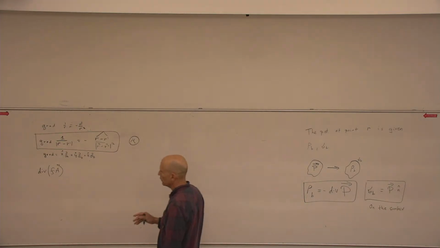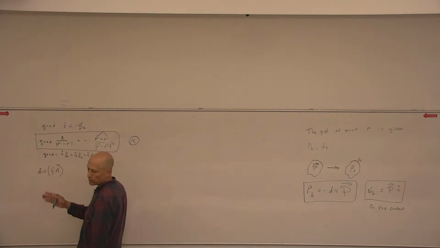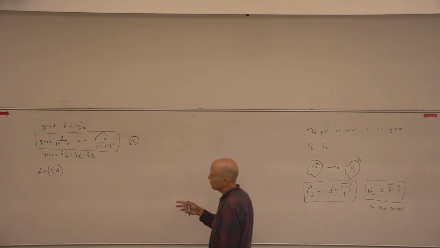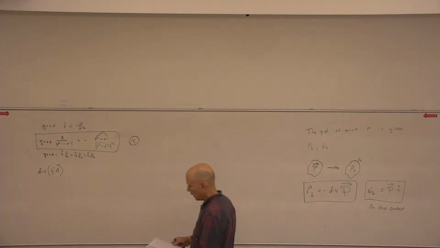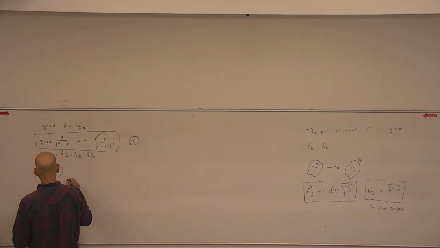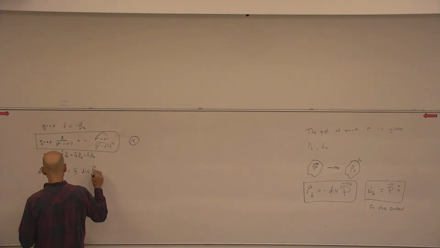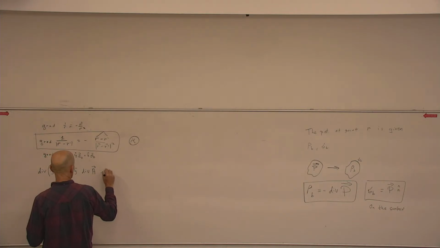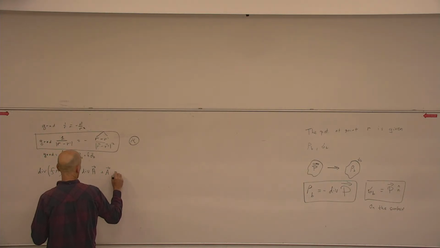Of course, a div is a div, but you know what will happen. It's like taking the derivatives of products if they were scalars, but okay, it's a bit more complicated. But then this is simply f div A plus A dot grad f.